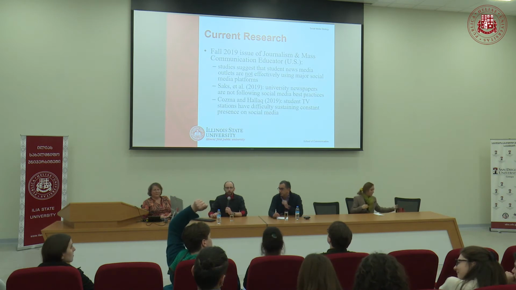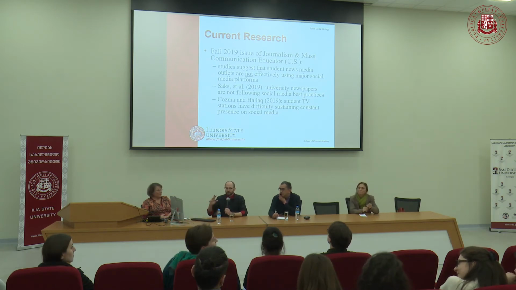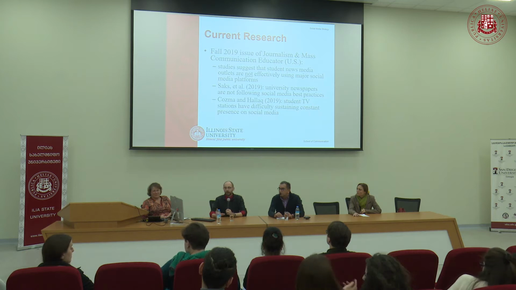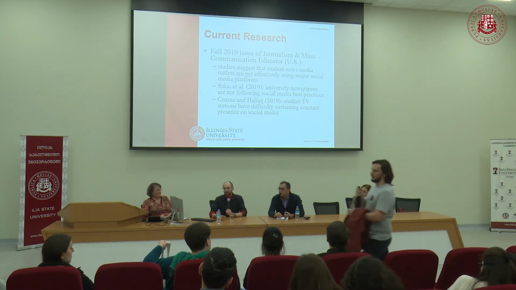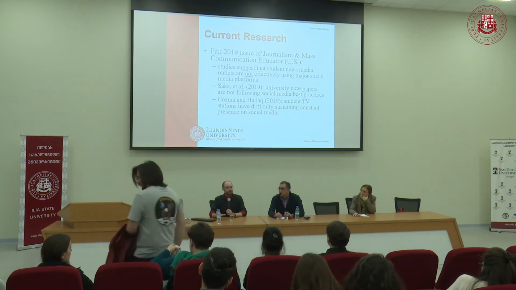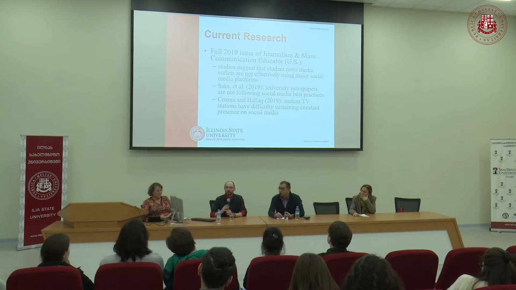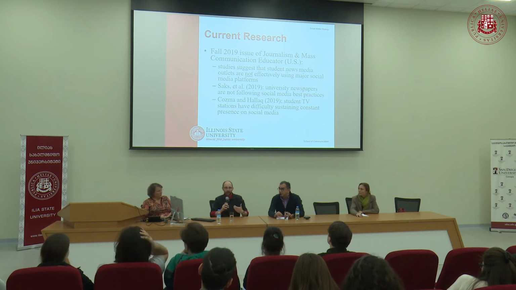So really quickly, I would like to talk about why I'm here. One of the things that we've noticed in the United States is that there's been increasing research that says our students, especially those in media, do not really effectively know how to use social media to get their points across. So these students, again, are having problems.